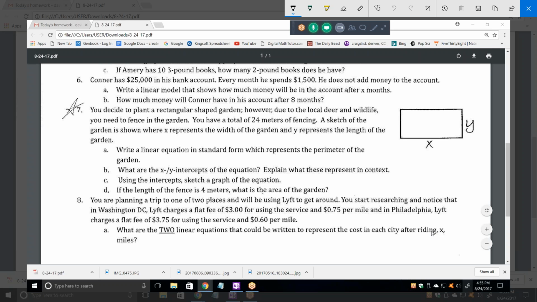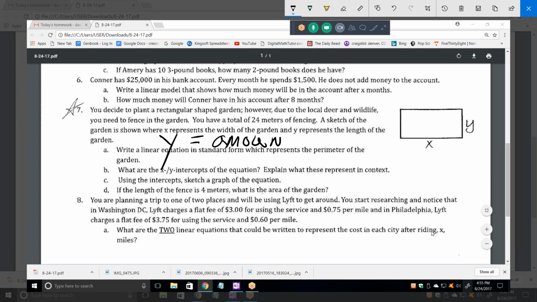All right. Connor has $25,000 in his bank account, and every month he spends $1,500, and he does not add any money. Write a linear model that shows how much money he will have in the account after X months. So we're going to let Y be the amount in the account.